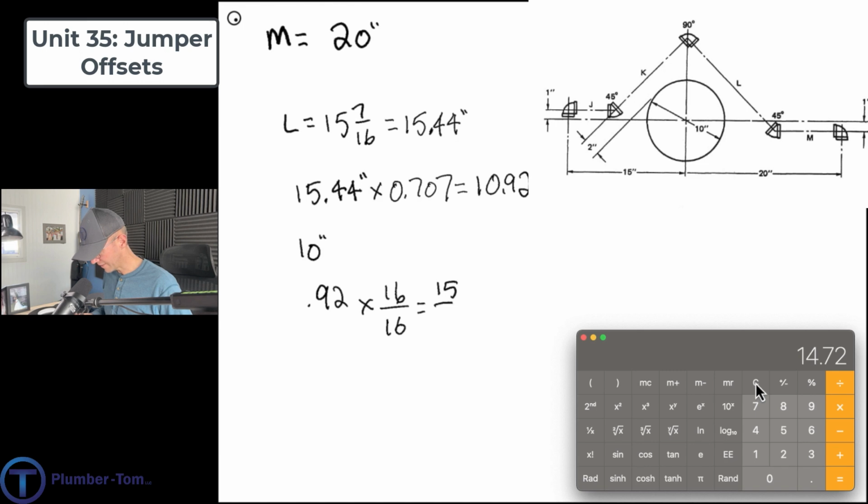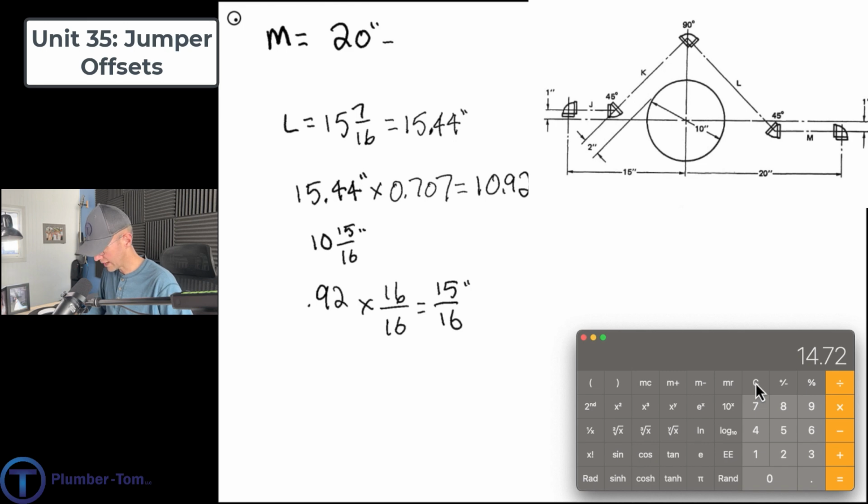I'm going to call that 15/16ths of an inch. So that important measurement that I was dealing with was 10 and 15/16ths of an inch. That was that missing section from the center of the circle over to the center of the 45.